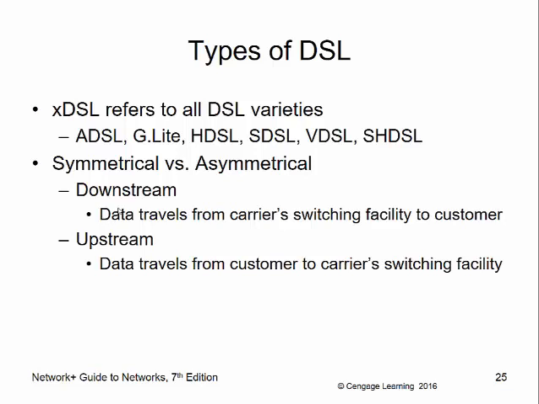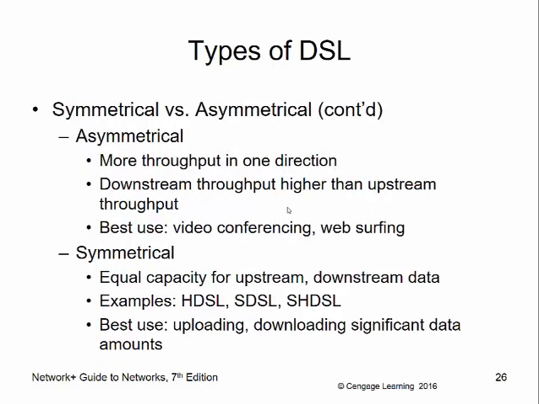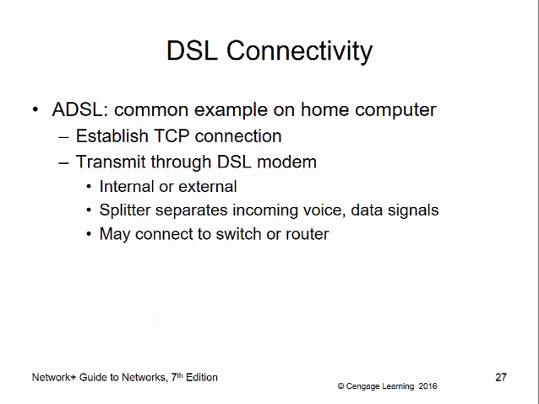Asymmetrical means that, generally speaking, I download faster than I upload. So I might have 3 megabits going down and 768 kilobits going up. Where have we seen this before? Asymmetrical DSL, ADSL. That's the consumer grade product.